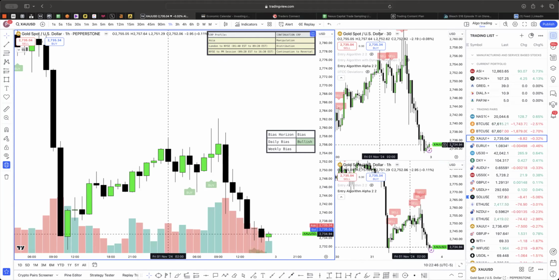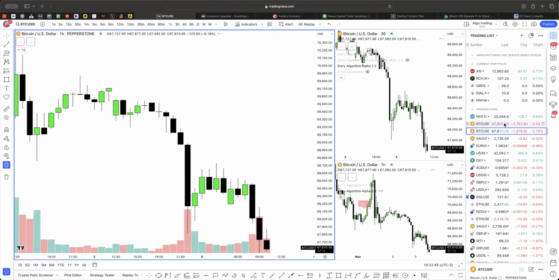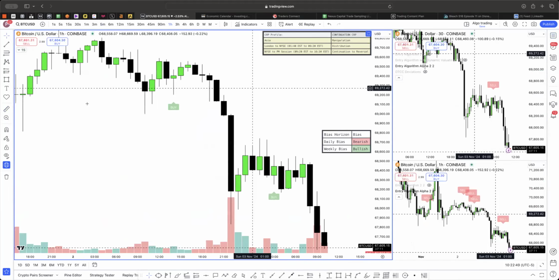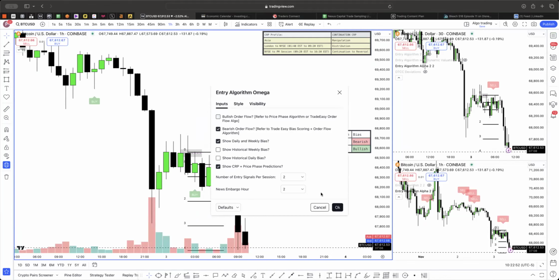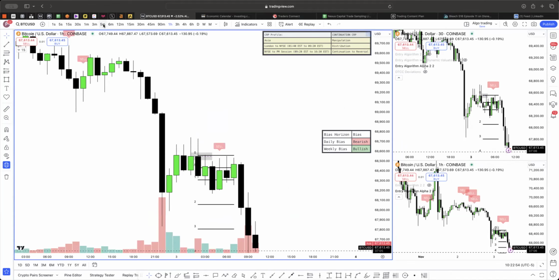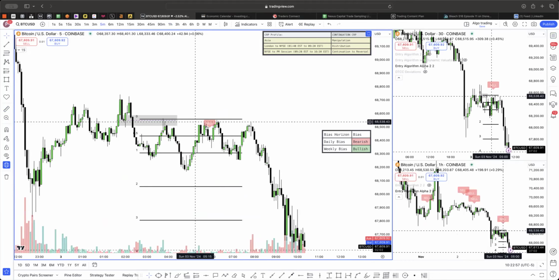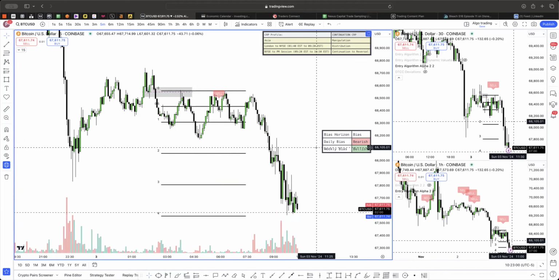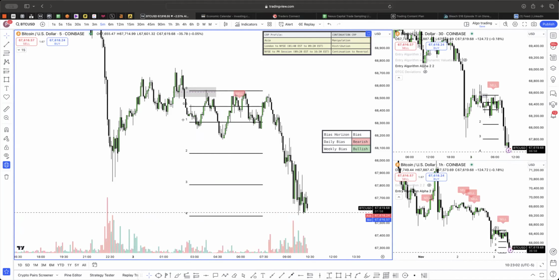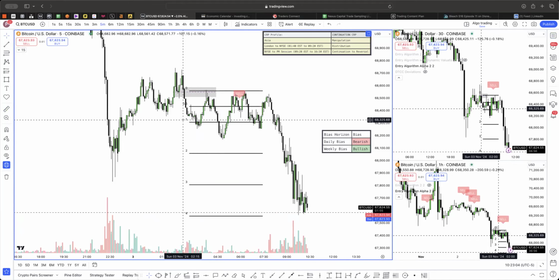Simple as that. Now, if you take a look at Bitcoin today, right now we are in sells, as you can see by my annotations. The daily bias is bearish, and we got a sell signal, right? So we already know just by looking at this, the day is going to close bearish. That's good. But what is the statistic of me being able to get 50 pips, 100 pips, 200 pips?